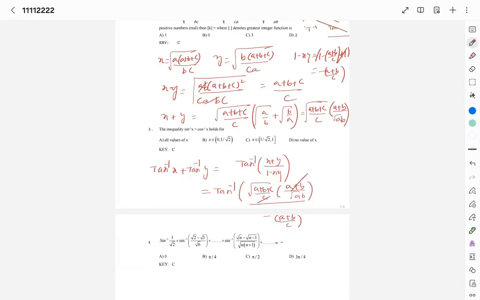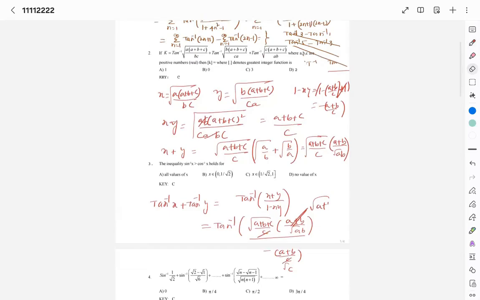Root c times root of a plus b, a plus b is completely getting cancelled, right?